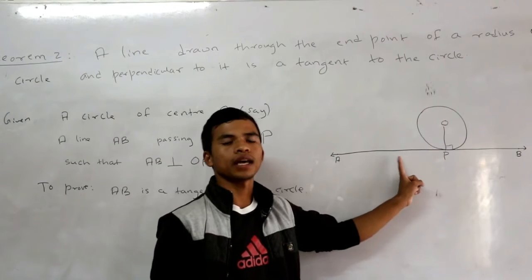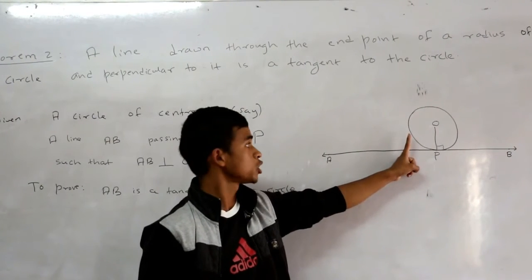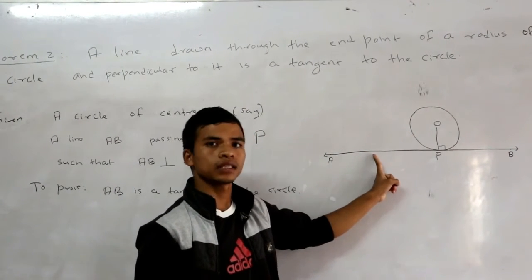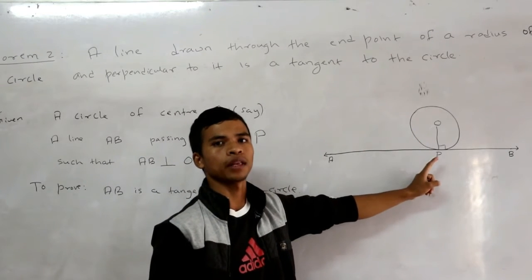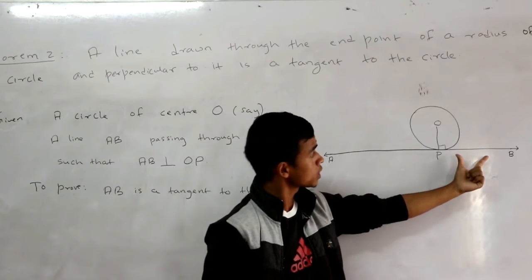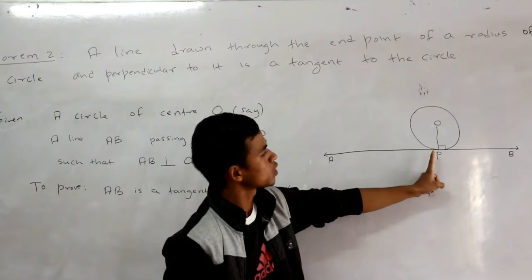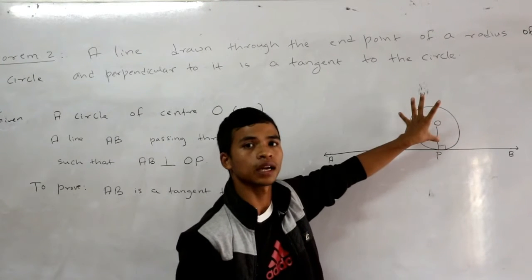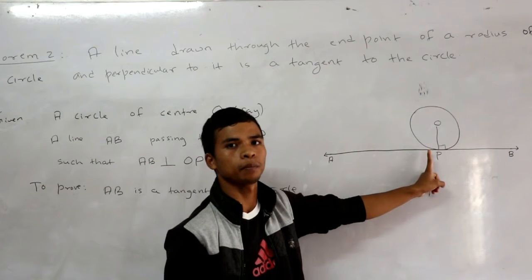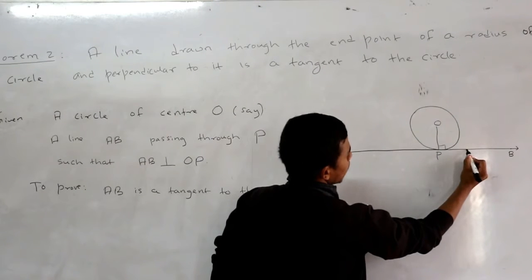So in order to show that AB is a tangent to this circle, we must show that this line is touching this circle at exactly one point. Now this line is touching this circle at this point P. We have to show that there is no more common point between this line and this circle other than this point P.